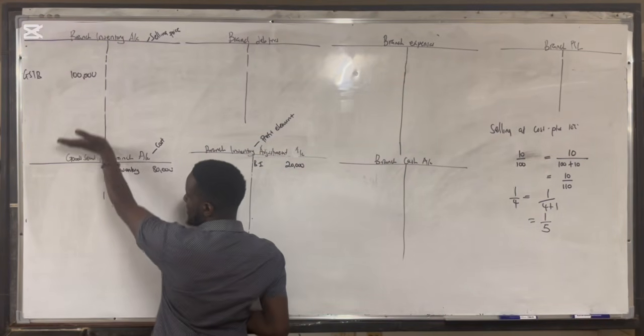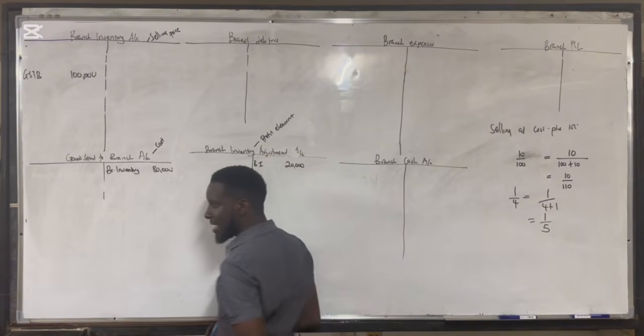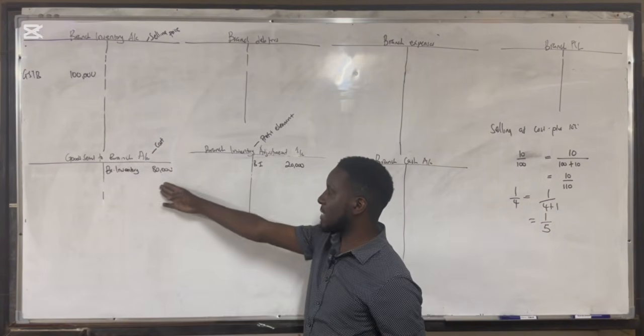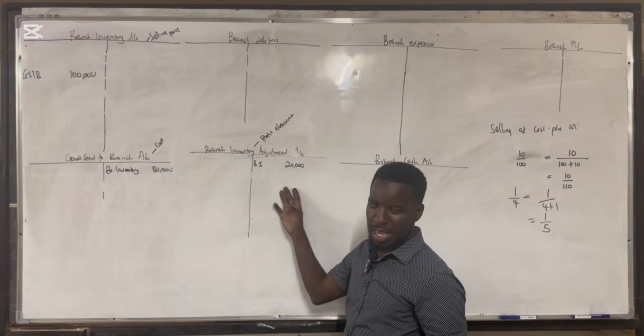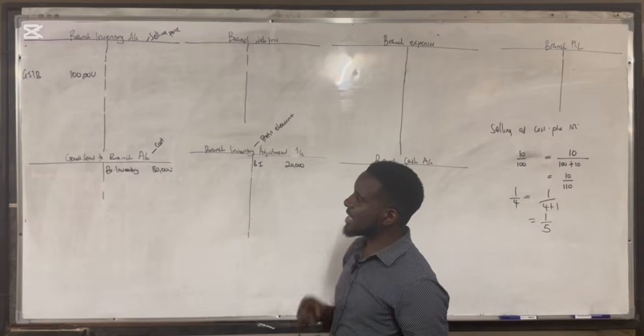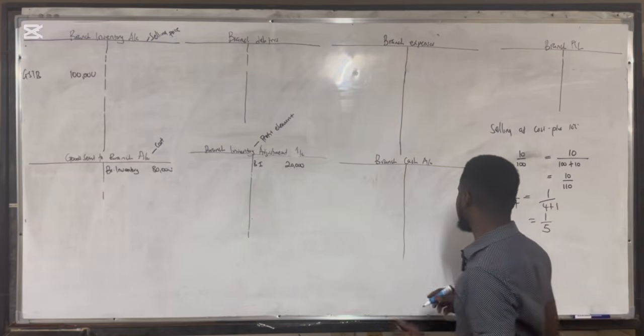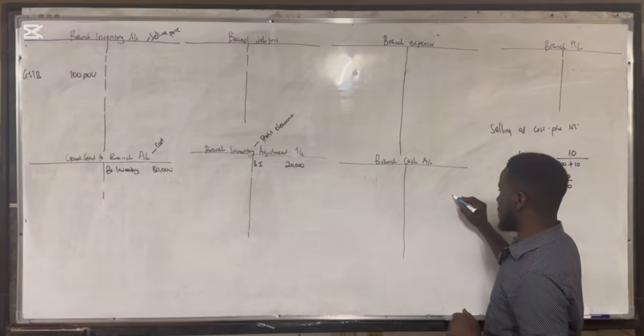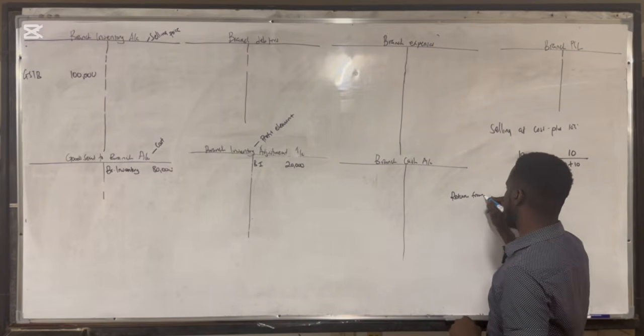So if there's a movement between these two accounts, you are supposed to record the cost element and the profit element. Also, for example, returns from branch to head office.